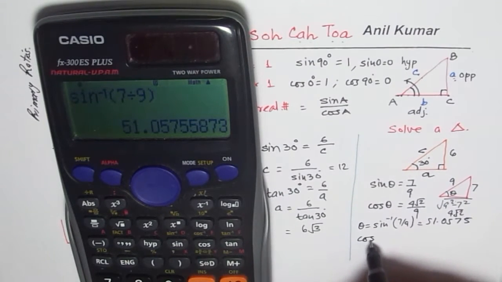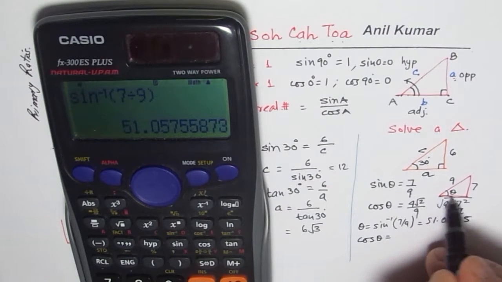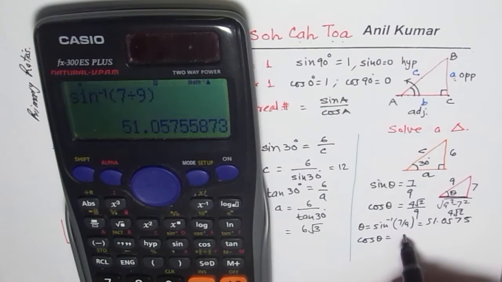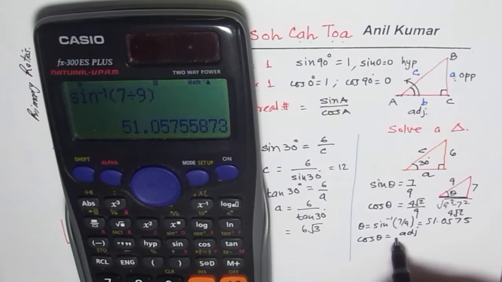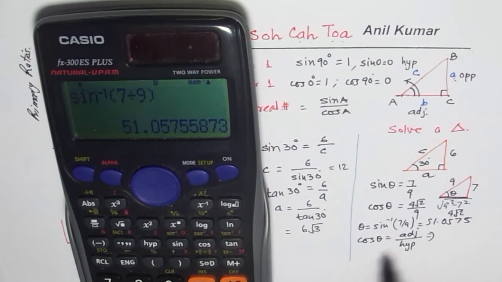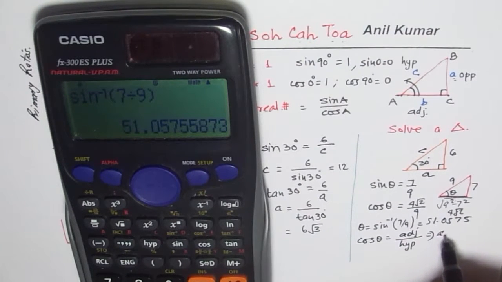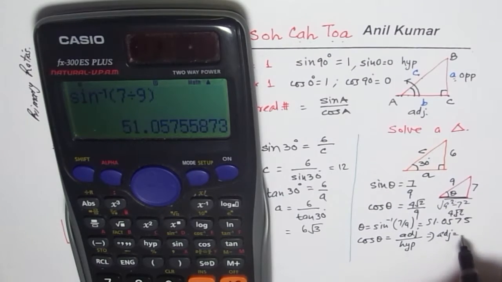Cosine theta is equal to the adjacent side over the hypotenuse, right? So the adjacent side will be equal to cosine of theta times the hypotenuse, which is 9.